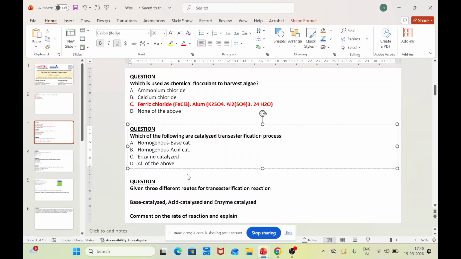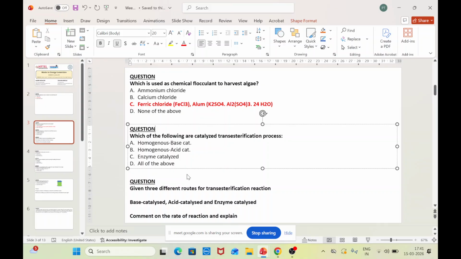So I hope all of you are able to remember the transesterification reaction that we discussed in the last session. Over there, we have written that this transesterification process happens only if you use a catalyst. Only then can you actually obtain glycerin; otherwise it is not possible to form glycerin from the triglycerides.